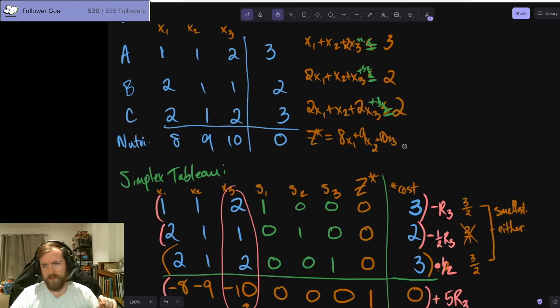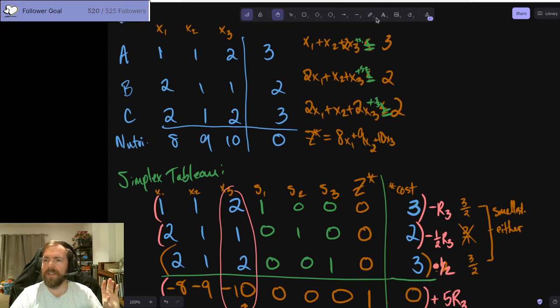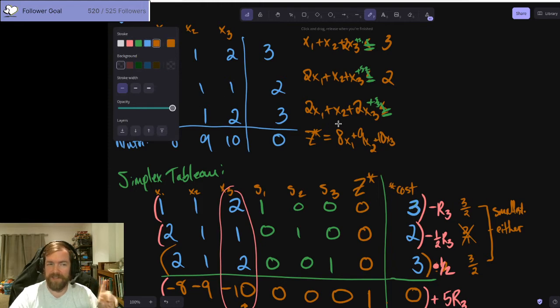Oh no. No, we're good. That could have been really bad. But good news, I didn't actually change anything. It actually was kept correct in the tableau.